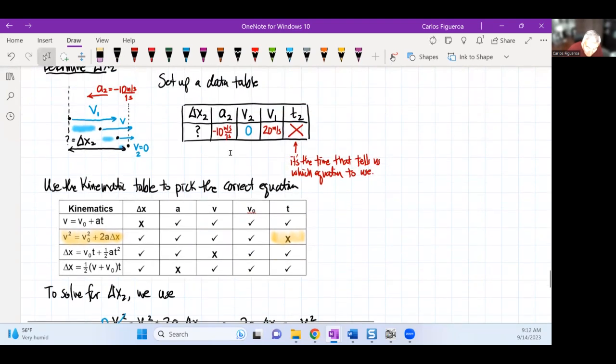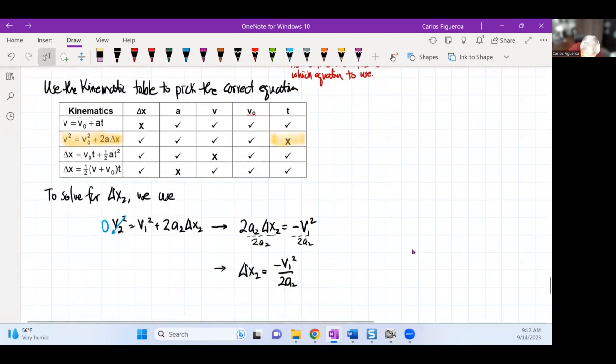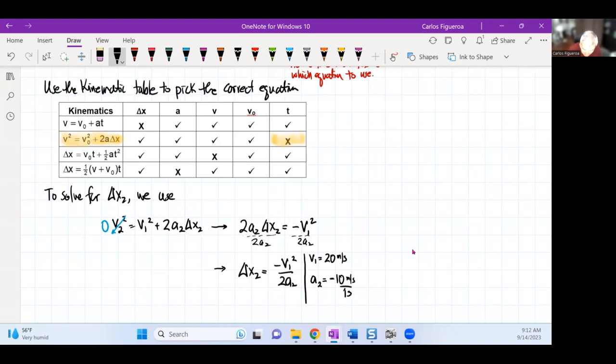So now I can plug in these values right here. V1, we already said, was 20 meters per second. Note that the acceleration is negative, which is 10 meters per second every 1 second. So if I now plug in these values, what do I have?